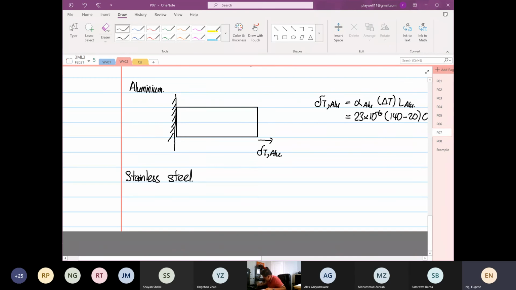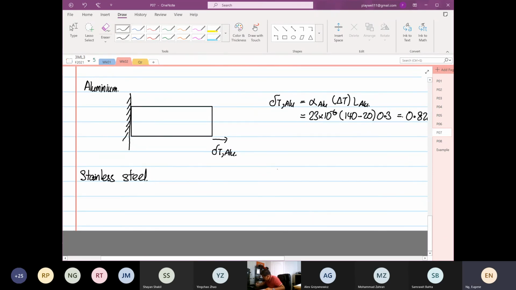So we know stainless steel is on the other side. Again, we allow free motion, so the aluminum is not actually there at all. This is our stainless steel. It will move in this direction. Whether it moves left or right has nothing to do with static analysis.